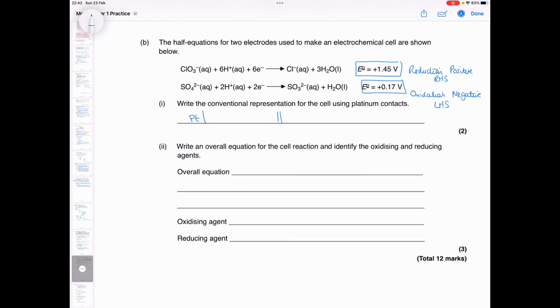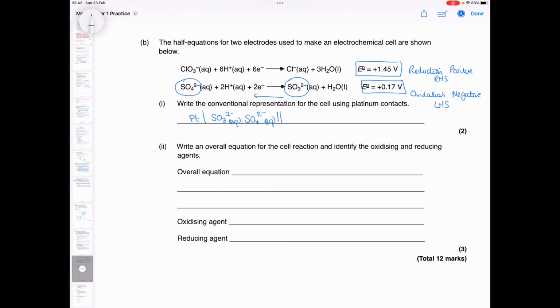And then we need the two species, and the reaction is going to go from right to left, and so we need to put in our SO3 2- aqueous, SO4 2- aqueous, before we have our phase boundary.